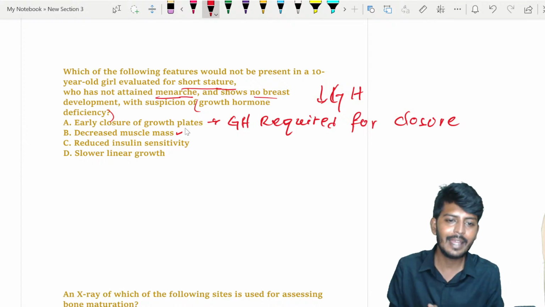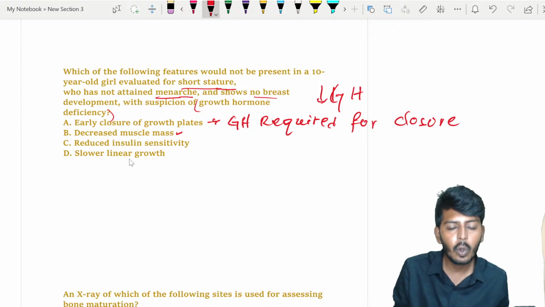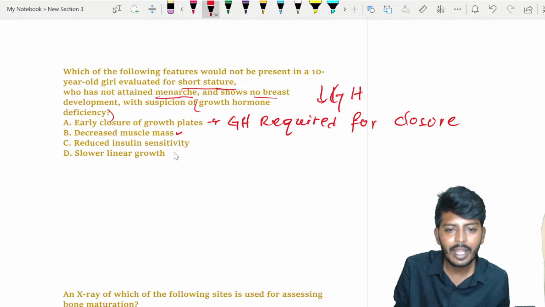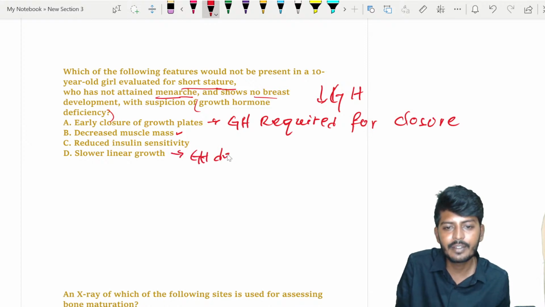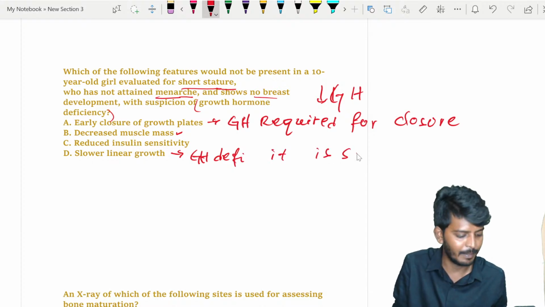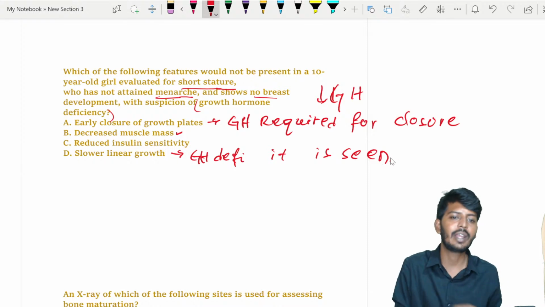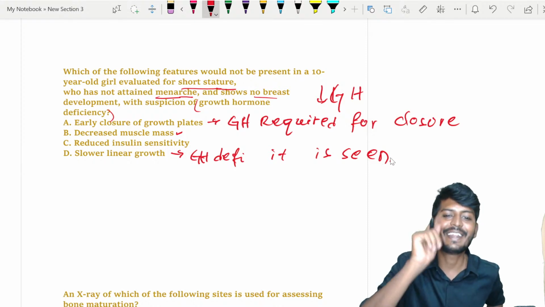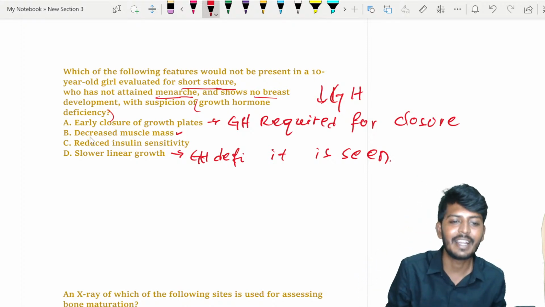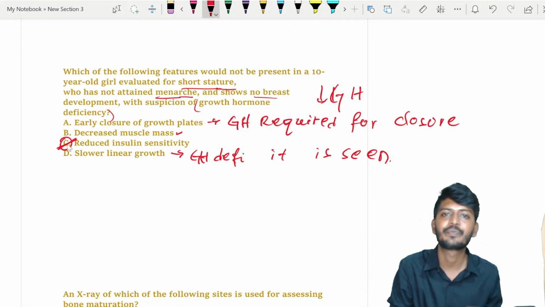Muscle mass will be less, and there is slow linear growth. Growth will be there, but it is a slow linear growth, again because of growth hormone deficiency. Yes, it is seen. Please understand, it is seen. So not early closure, there is a delayed closure. Growth plate closure requires growth hormone. So the answer is reduced insulin sensitivity.